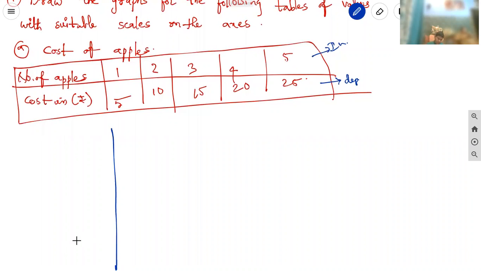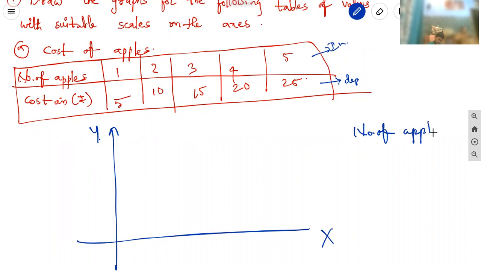Here we can take the horizontal line x-axis and vertical line y-axis. Number of apples we can take on x-axis. Scales: number of apples on x-axis, 1 unit is equal to 1 apple.